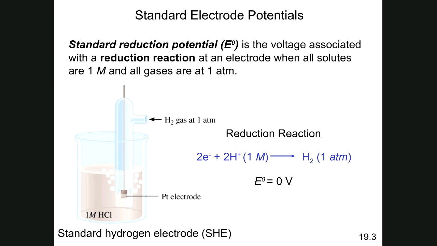So E0 equals 0 volt when hydrogen is being reduced, and this is the standard. What condition? The concentration of the solution is 1 molar, and the pressure 1 atm.